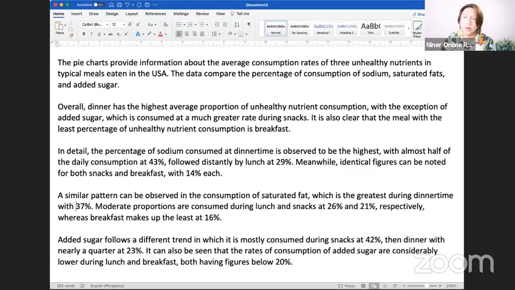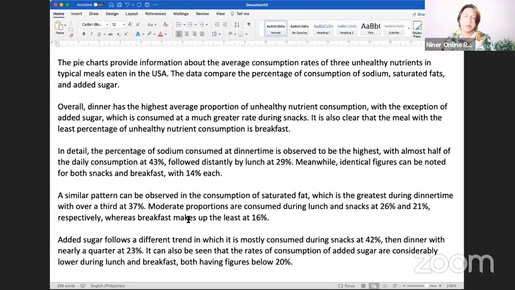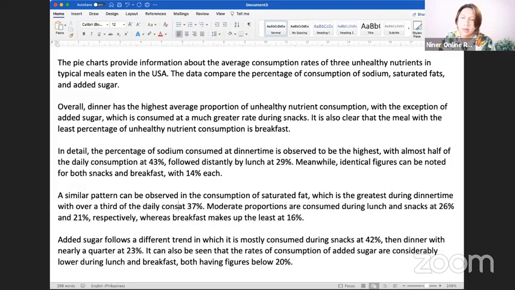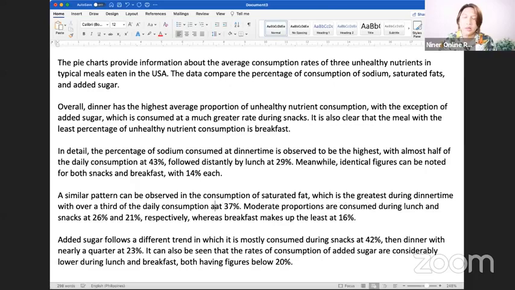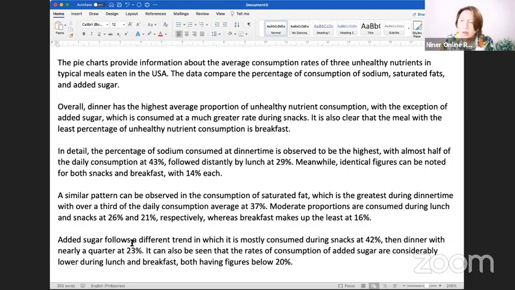A similar pattern can be observed in the consumption of saturated fat, which is the greatest during dinner time with over a third of the daily consumption at 37%. Okay, so there you go. We're just trying to improve this. Then dinner with nearly a quarter, 23%.